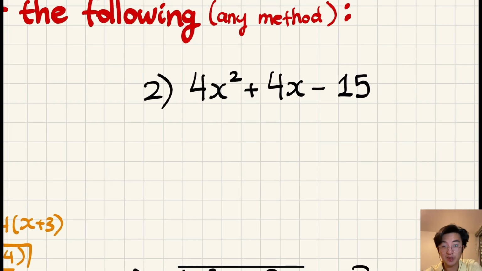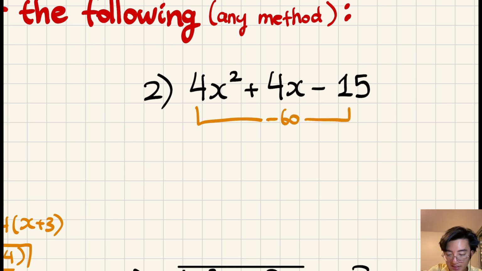Okay, so next one here, we have the first term times the second term getting us negative 60. Not positive, negative 60 right here. Once again, we'll list out all the factors.